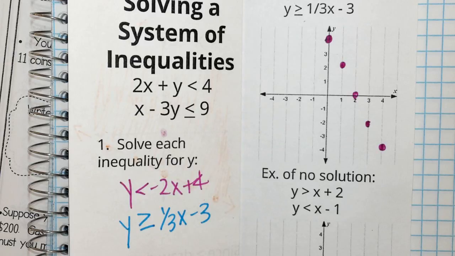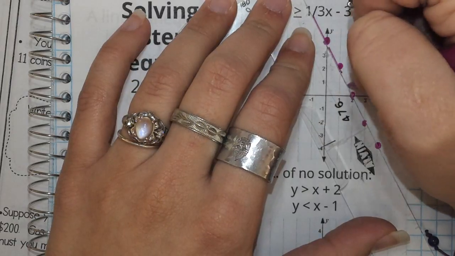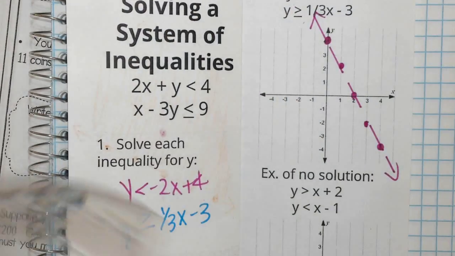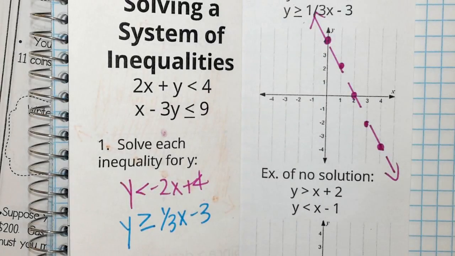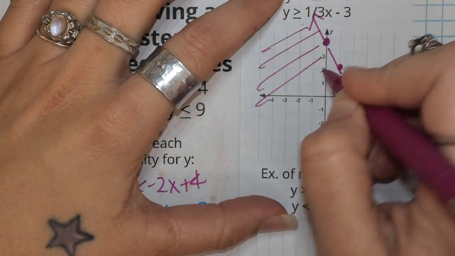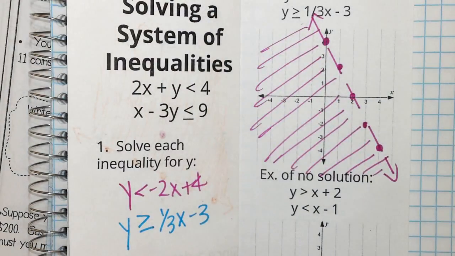Are we going to use a solid or a dashed line? Dashed. And are we going to shade above or below? Below. Now I would shade lightly in your color, and I'll show you why in a minute.